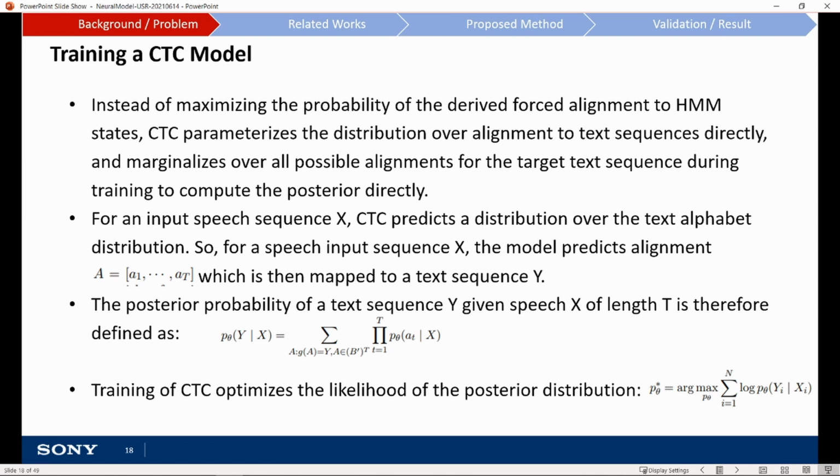CTC predicts a distribution over the text alphabet given a speech sequence X, and the posterior probability of a text sequence can therefore be defined in the following manner.